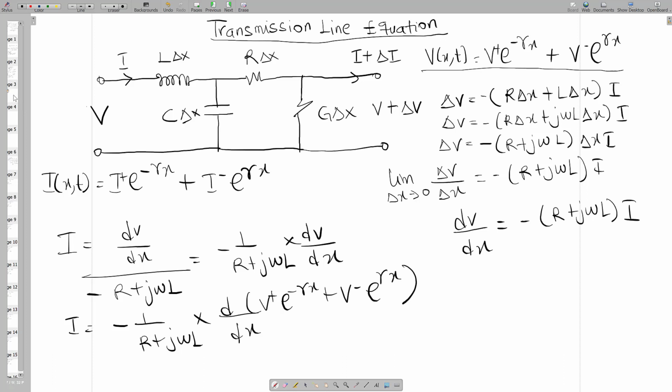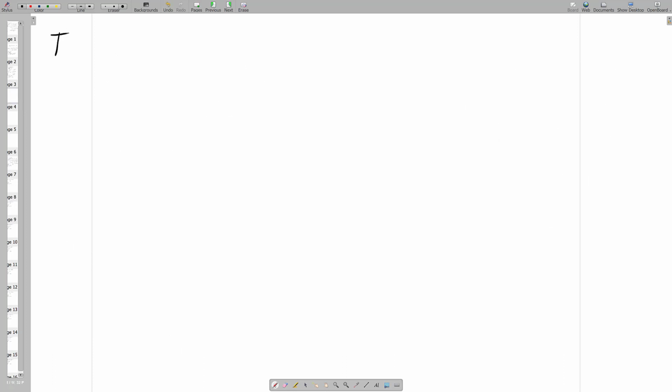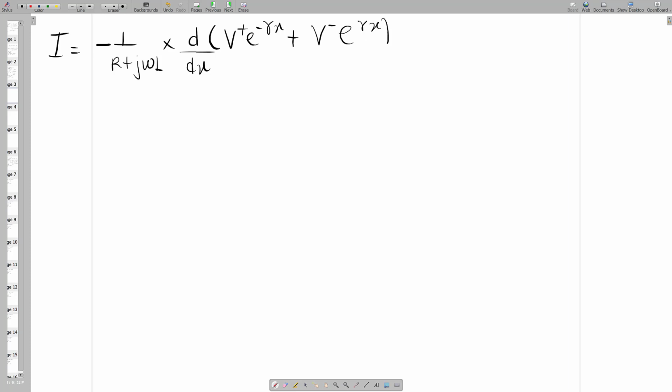Right, so let's continue. Now our equation is I, which is equal to minus 1 over R plus j omega L times d dx. Here was the V, but we had V to be V plus e to the minus gamma x plus V minus e to the positive gamma x over here.